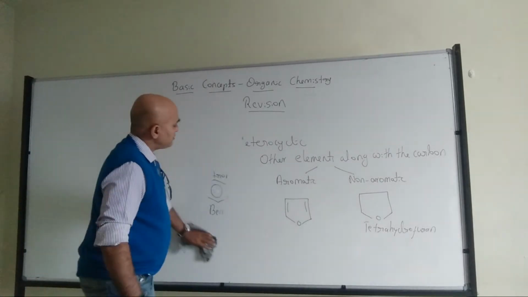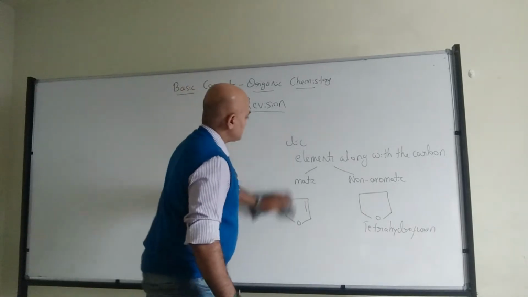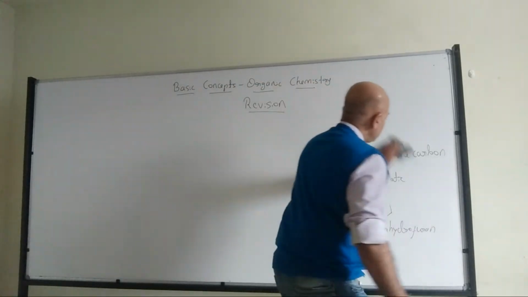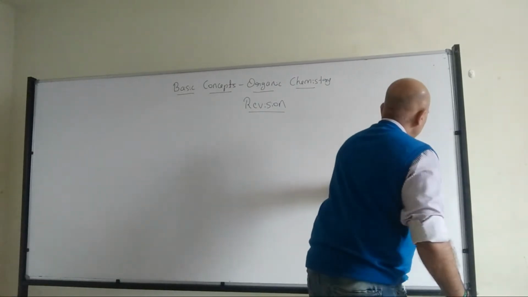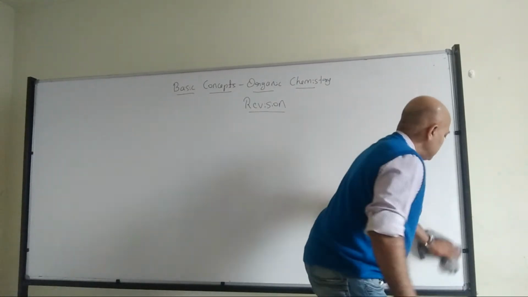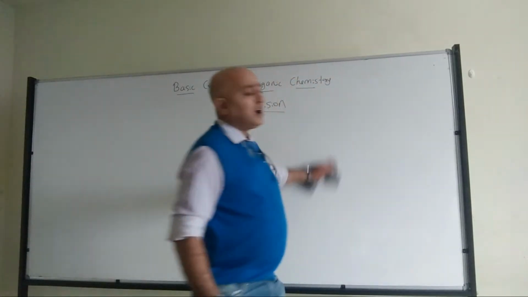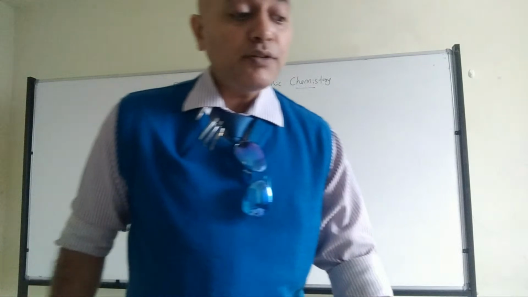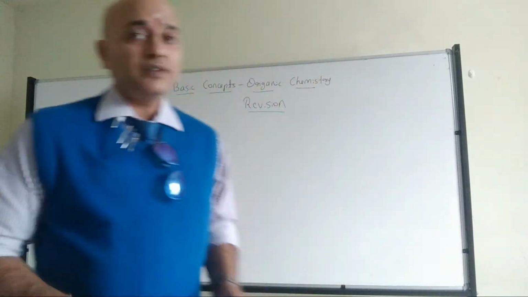So that's where we have the classification with respect to cyclic compounds. What is the compulsion for aromatic compounds? An aromatic compound should follow Huckel's rule. Anyway, that will be covered in your hydrocarbon topic, so no need to worry.